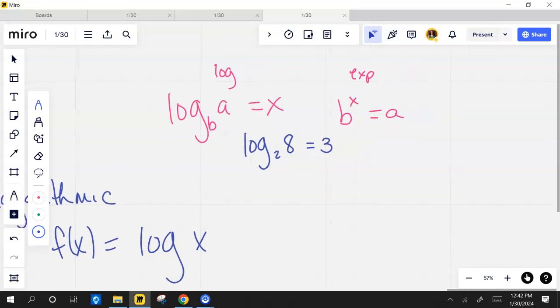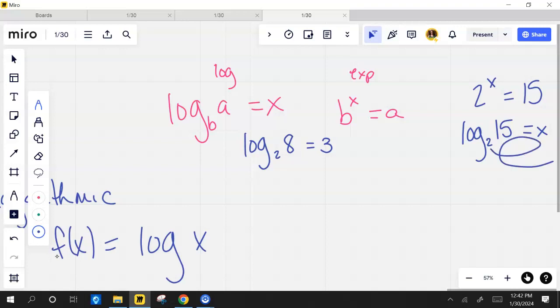Whenever we need to solve, if I have something that I can't solve, maybe I have 2 to the x equals, I don't know, 15. I have no idea what x is, but I could change it to logarithmic form and evaluate. Log base 2 of 15 equals x. We can do it on the calculator.